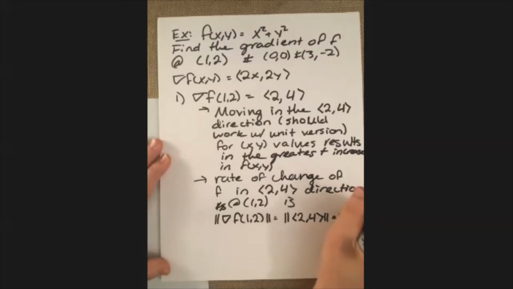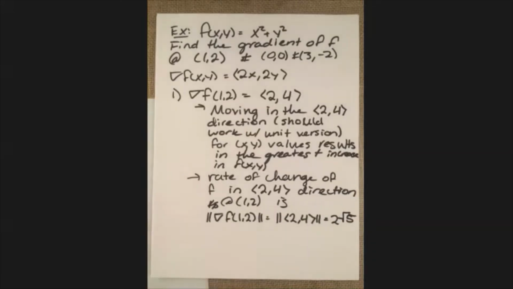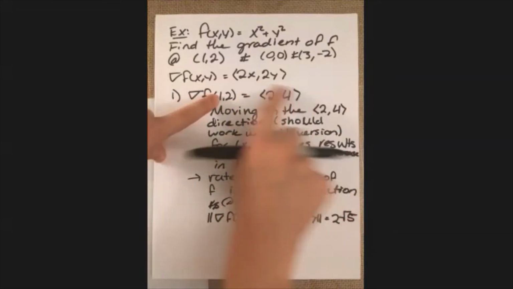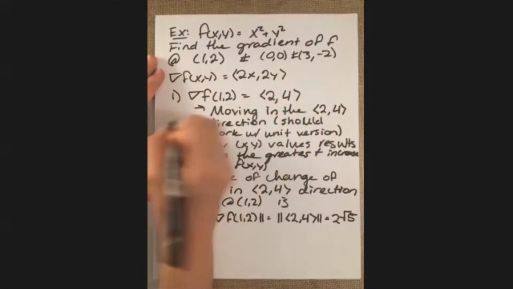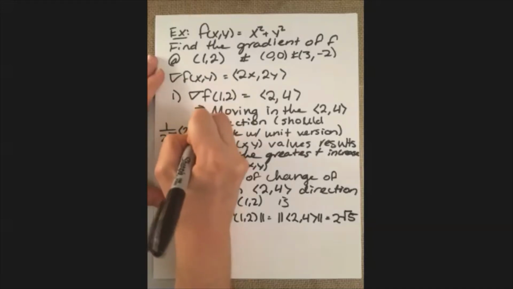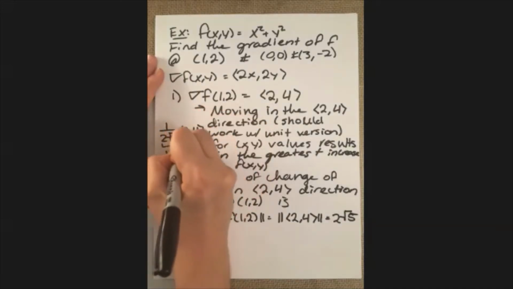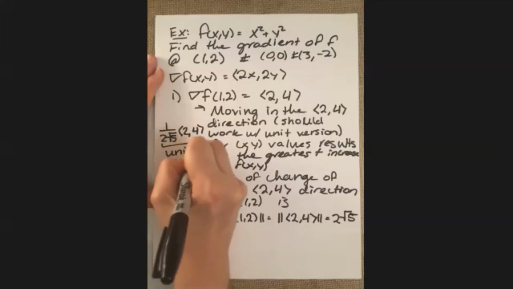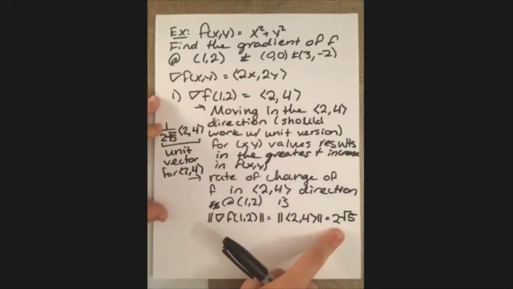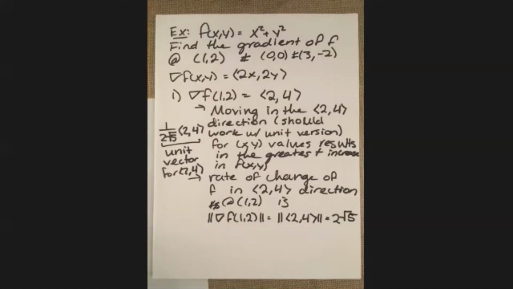That's equal to 2√5. All that's saying is that the absolute fastest that the function can increase at this spot is in this particular direction, and a lot of times we'd work with the normalized version, which is 1/(2√5) times the vector (2, 4). Moving in this direction results in the greatest change, and that rate of change is 2√5.